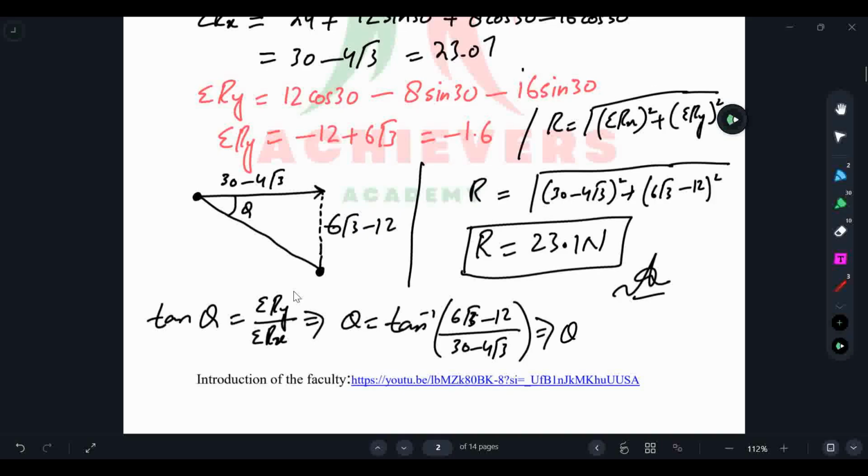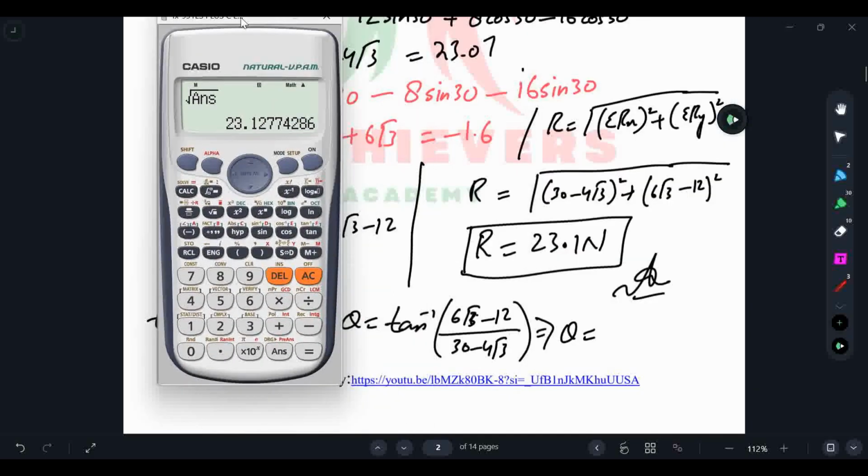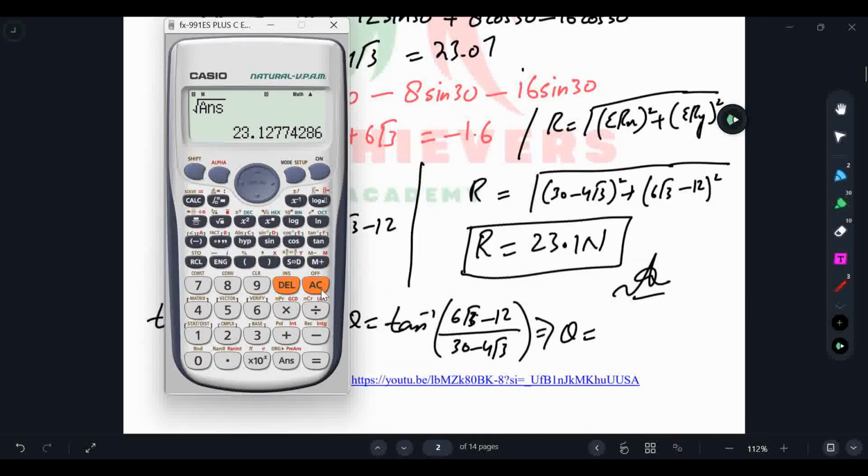We calculate it like this: tan inverse of the fraction 6 square root of 3 minus 12 divided by 30 minus 4 square root of 3, and the final answer will be equal to minus 3.99.